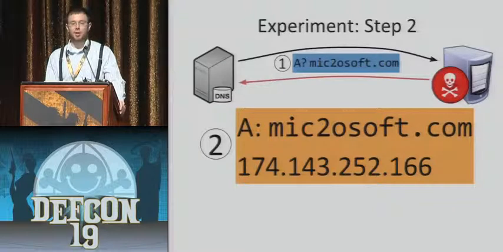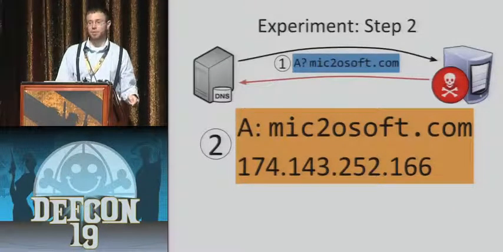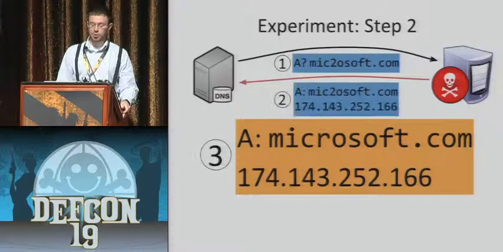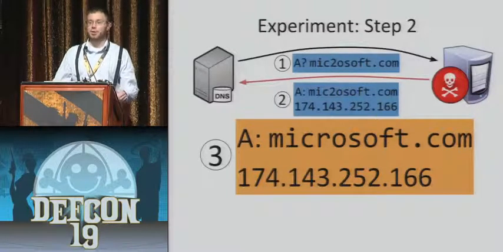But the trick here is that we think that a bit error happened somewhere on that server that asked you for the domain name. Therefore, we will also send it back a second reply for the original domain we expected it to be. The reason we do this is because if it's expecting a reply for Microsoft.com, it will discard the reply for mic20soft.com, but silently accept the Microsoft one.